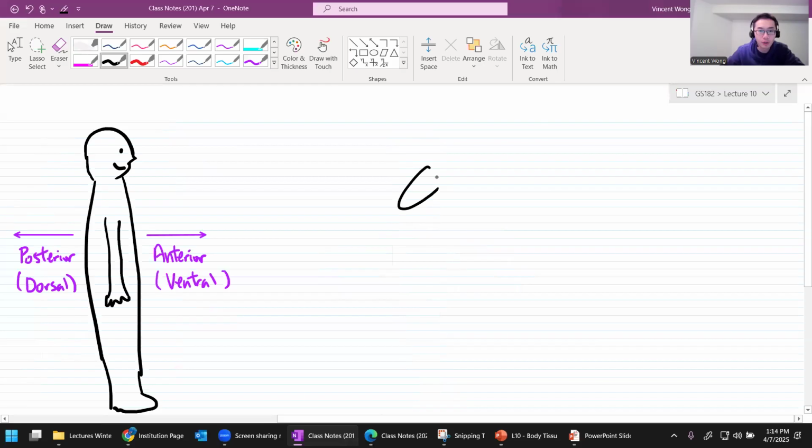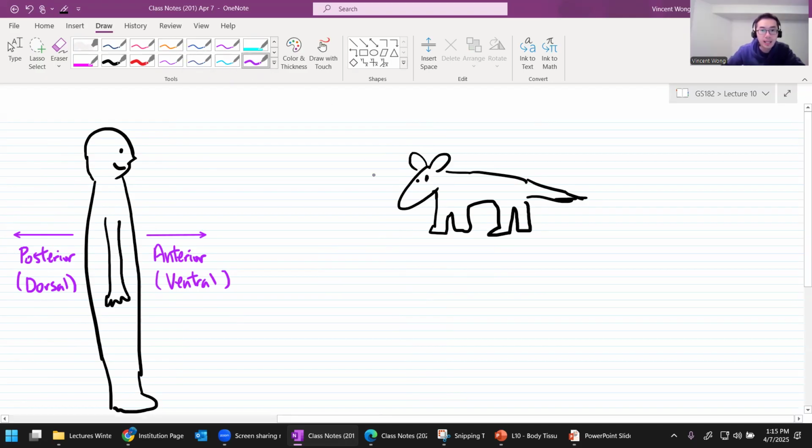Like if you think about a dog, for example. Then in this case, this is anterior, this is posterior, and now this is dorsal, and this is ventral.